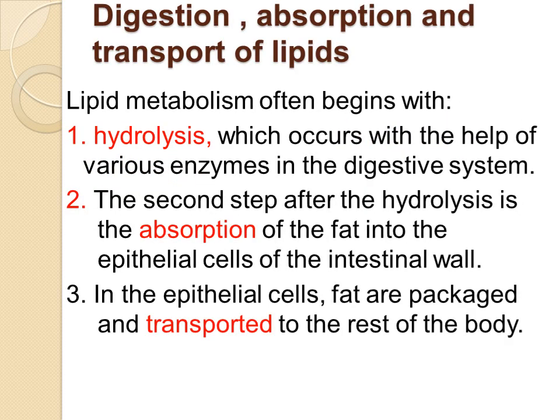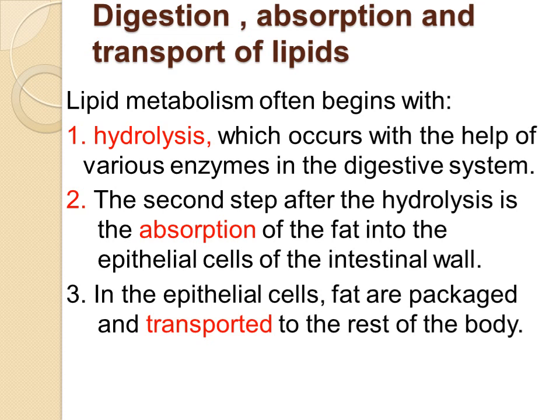Now, digestion, absorption and transport of lipids. Lipid metabolism often begins with the first step, which is hydrolysis, occurring with the help of various enzymes in the digestive system. The second step after hydrolysis is the absorption of fat into the epithelial cells of the intestinal wall.